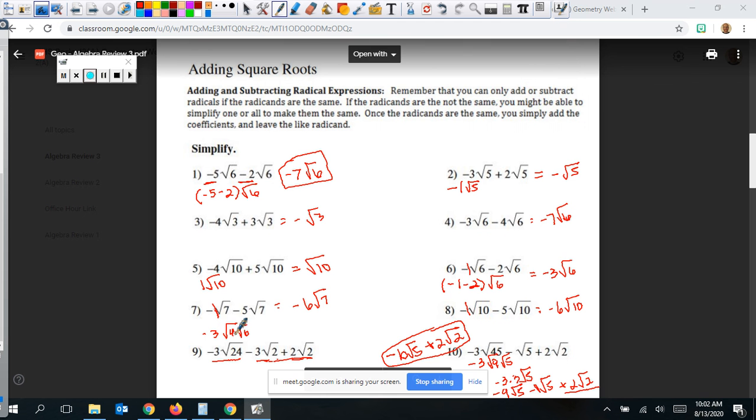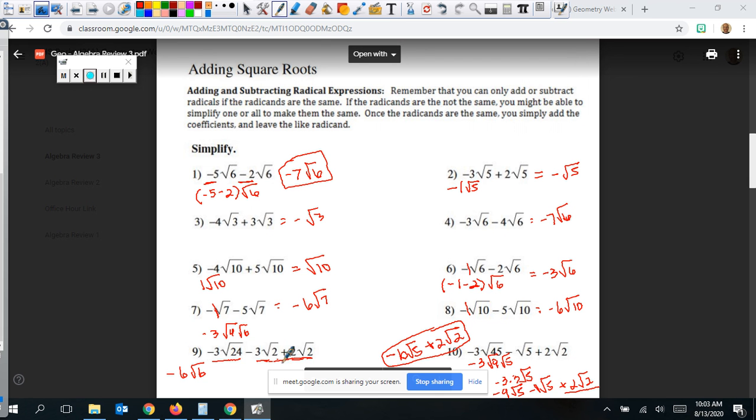Negative 3 times 2, I'll just do that in my head, is a negative 6. So for that one we're going to see, yeah, I think I wrote it down wrong there. So yeah, we got to see 24, 4 times 6. This becomes 2. So 2 times negative 3 is negative 6 with a square root of 6.